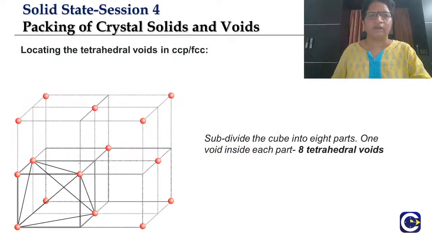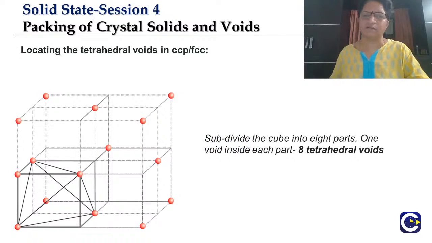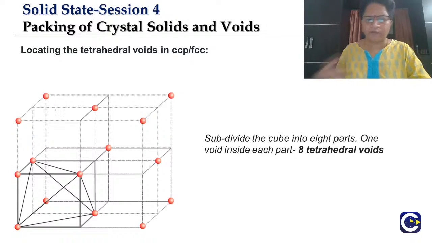Fine. How do we locate the tetrahedral and the octahedral voids? So, the complete crystal lattice is what has been represented here. Divide that into 8 parts, one void inside each part, so there will be 8 tetrahedral voids.